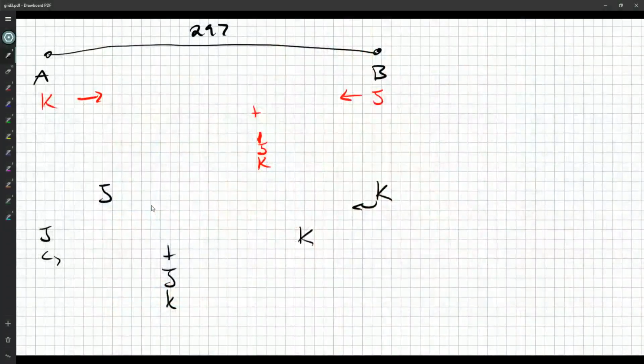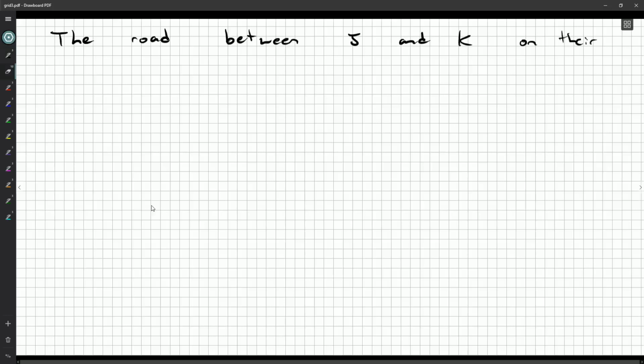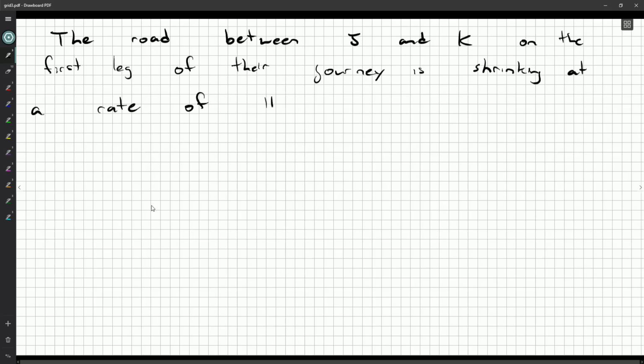So, and now this is a written question, so we should explain it. So I think I'll probably keep coming back to this picture, but the road between Jorge and Karuna on the, let's say, first leg of their journey is shrinking at a rate of 11 meters per second.